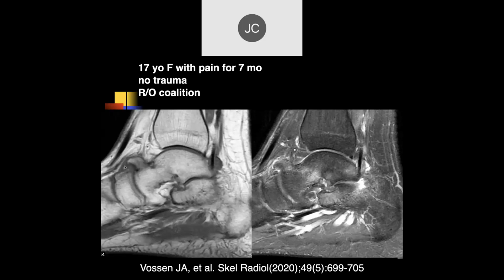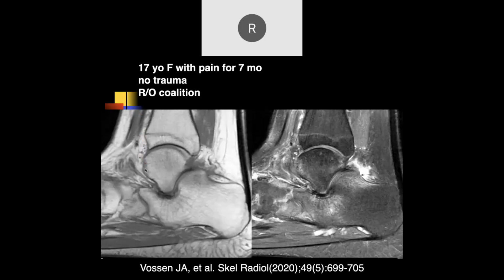So this is the classic talar beak. And in young people, what's the first thing you think about when you see a talar beak? Ligamentous injury, I'm not sure. Okay, it's coalition actually. So you want to look for coalition, but you can have other congenital anomalies as well.